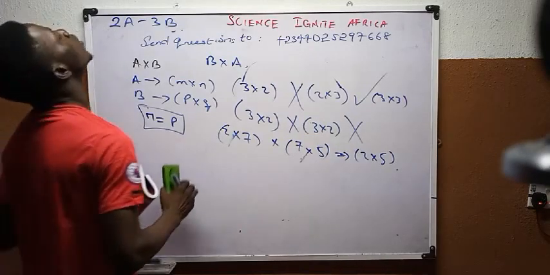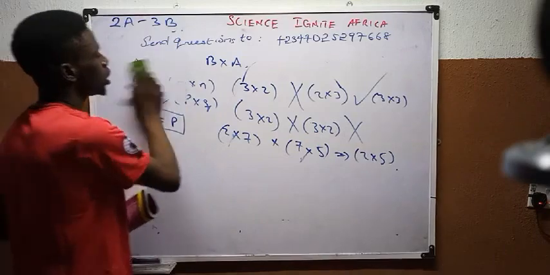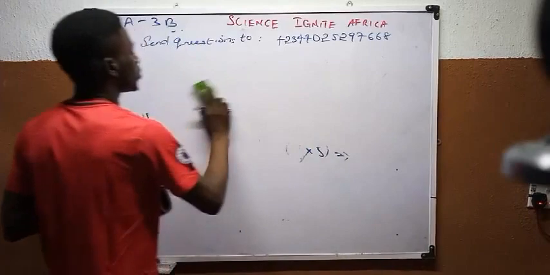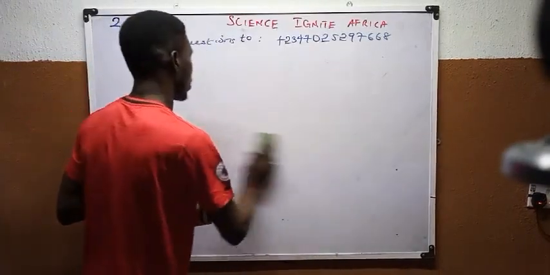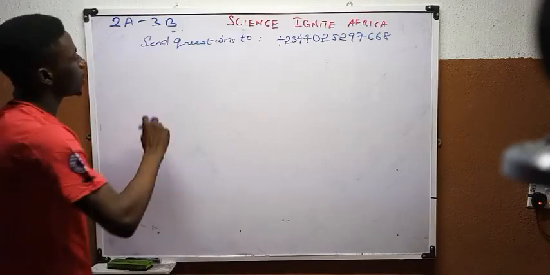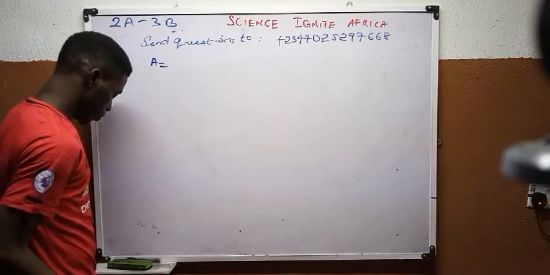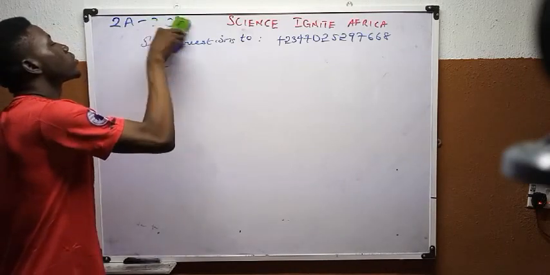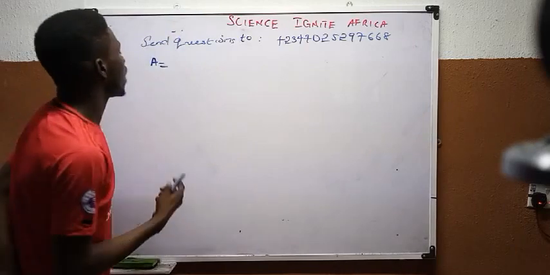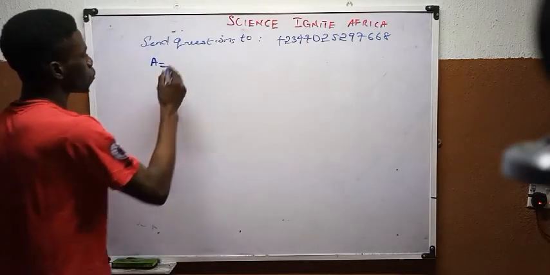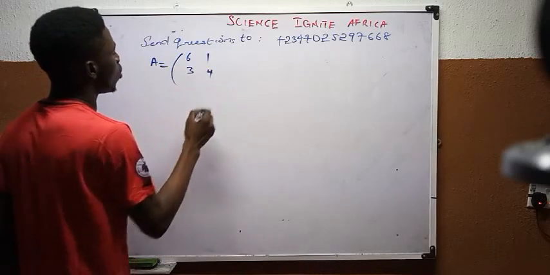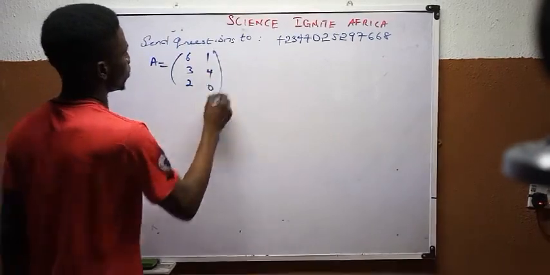So let's see how multiplication works. Let's take samples. Let's say we have matrix A, which is 6, 1, 3, 4, 2, 0.